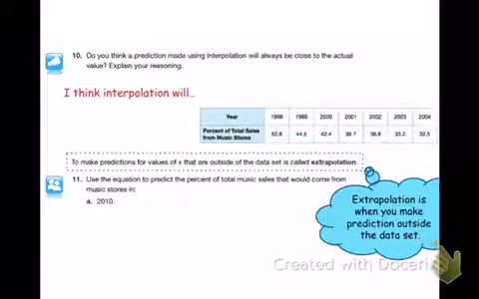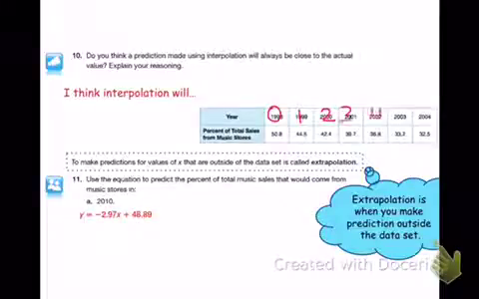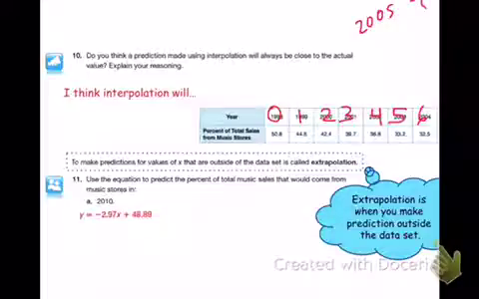So number 11 says use the equation. So again, we're going to use our equation to predict the percent of total music sales that would come from music stores in 2010, outside our data. So here's our equation. So 2010, what is 2010 in terms of our years? Remember, this is 0, 1, 2, 3, 4, 5, 6. That's 2004. So 2005 would be 7.